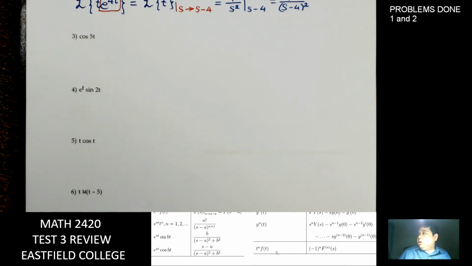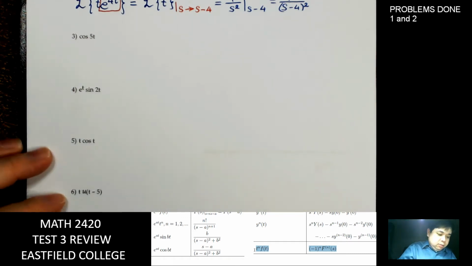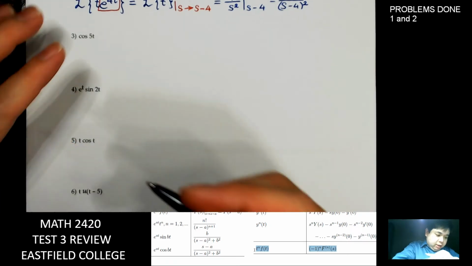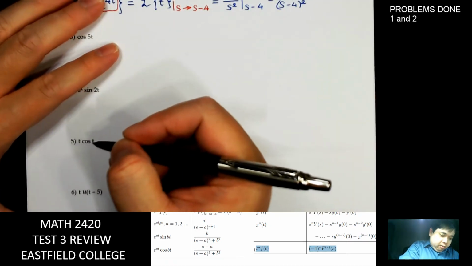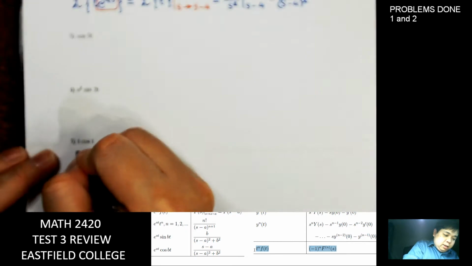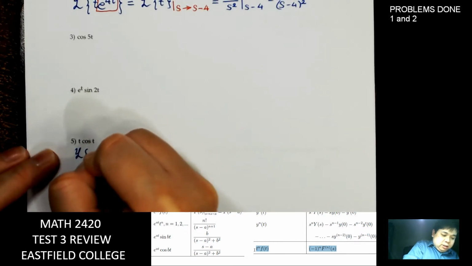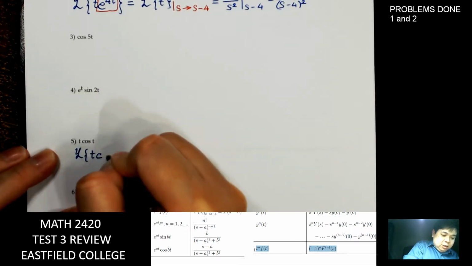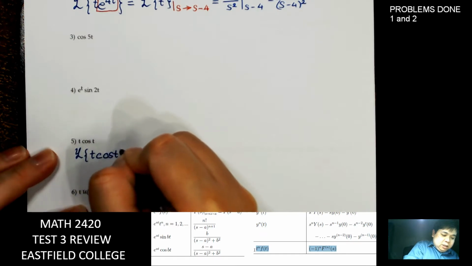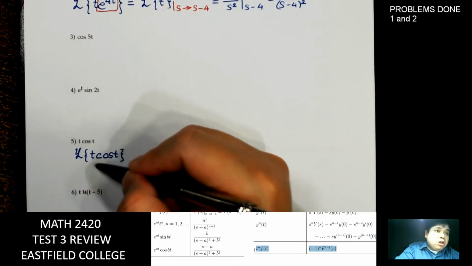Should be this. Right. So number 5. So transform of t cosine t. Now this is to the first power.